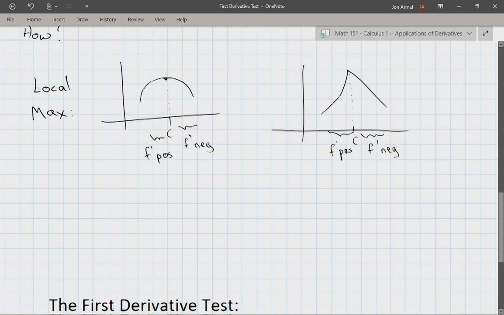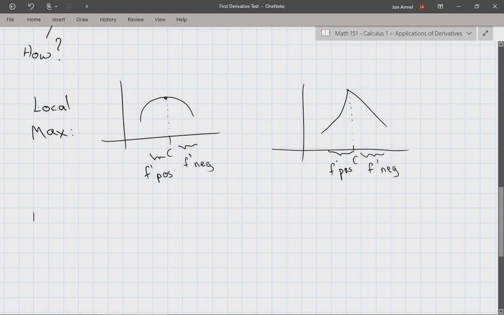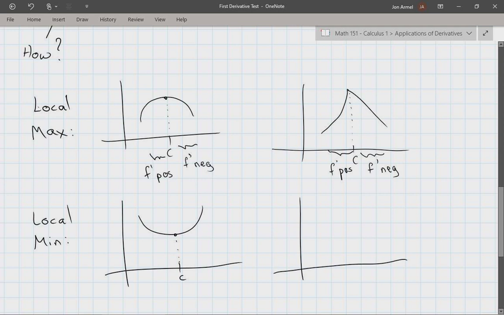Okay, cool. Well, let's compare that to a local min. So now we have a valley, if you will. Something like this, if the derivative exists at C, so the derivative is 0 at our critical point. Or we might have the derivative just not exist, and we get a minimum that way.